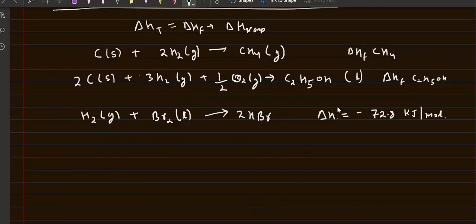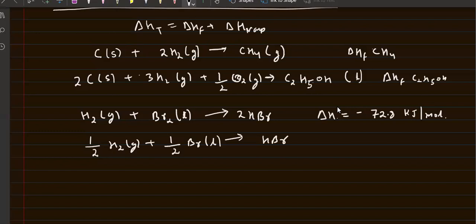For heat of formation of HBr, it should be 1 mole of HBr. So it will be half of this enthalpy. So delta HF will be half of delta H of reaction. Got it, everyone?